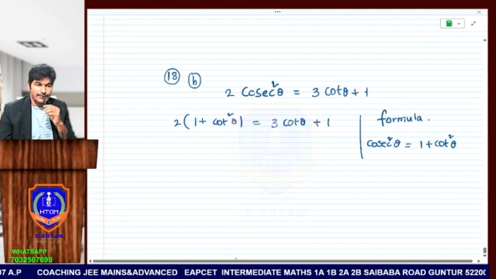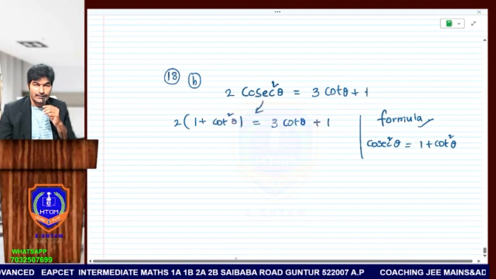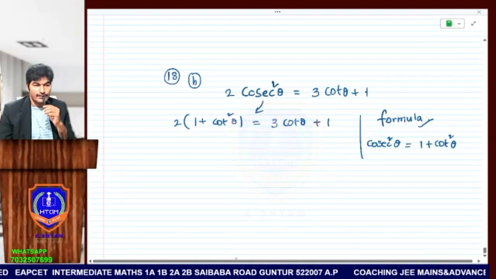That is the task here. Maybe sometimes it will be in secant square thetas, maybe sometimes it will be sine thetas and cos thetas. Each and every term will be in a single trigonometric term. So using this trigonometric formula, I converted this cosecant square theta into 1 plus cot square theta. Okay. Now, then only we can solve this equation.